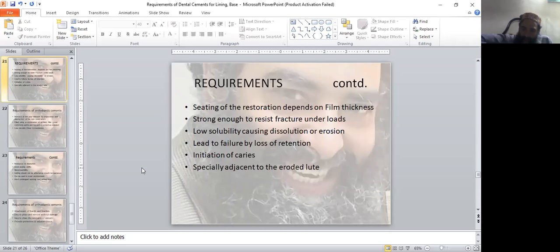So it is not low solubility, it is a material with solubility levels so high that it can easily dissolve. So we can say high solubility, not low solubility. That should be the most appropriate word.